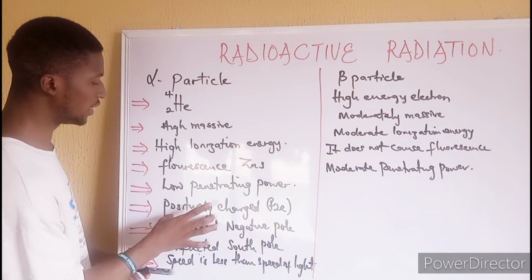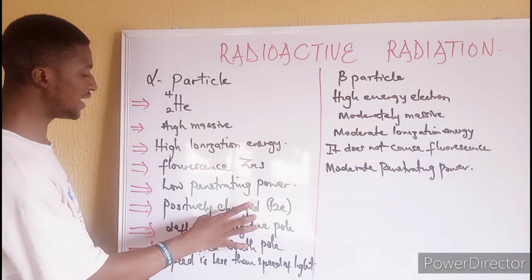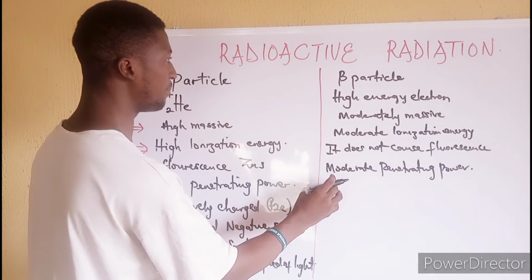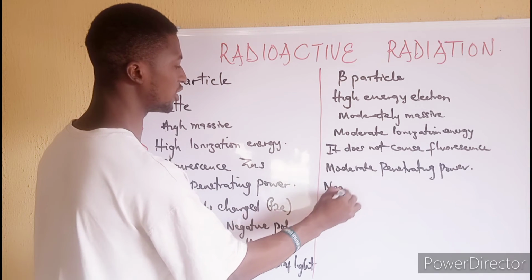Now let's consider the charge. The alpha particle is positively charged, but the beta particle is negatively charged.